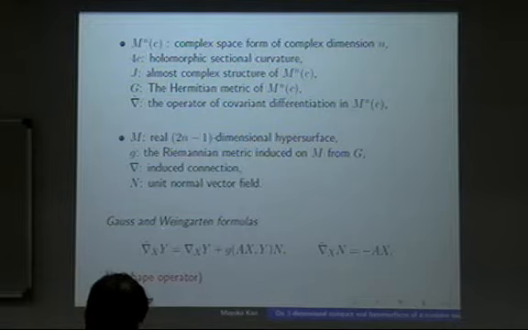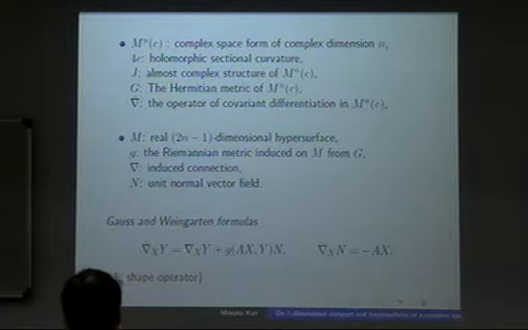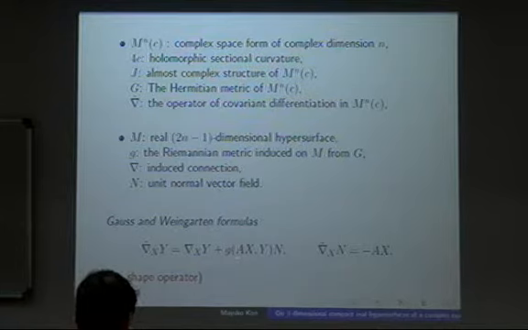Differentiating a tangential vector field Y by X in the ambient manifold, and taking the tangential part and normal part. This is the induced connection, and this (1,1) tensor is called the shape operator. This shape operator also appears in the second equation. Here, N is the unit normal vector field.